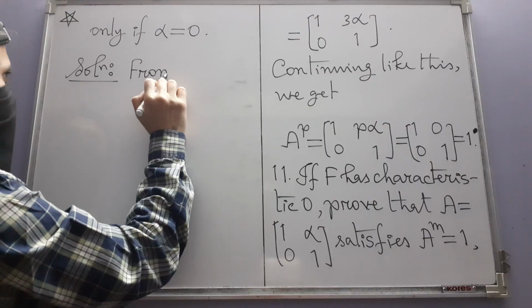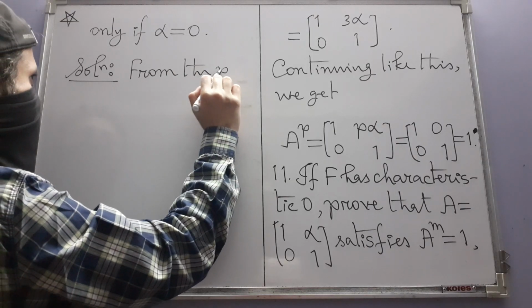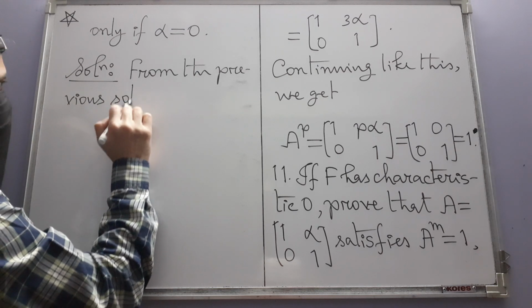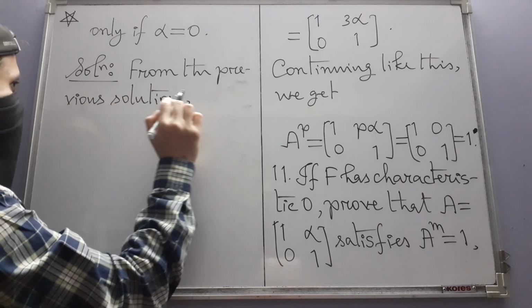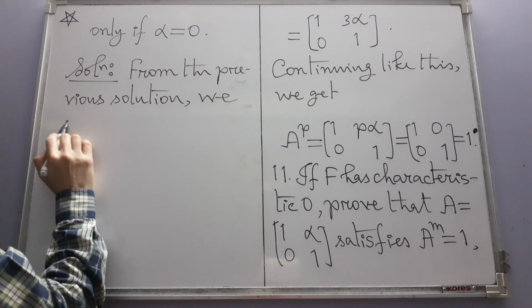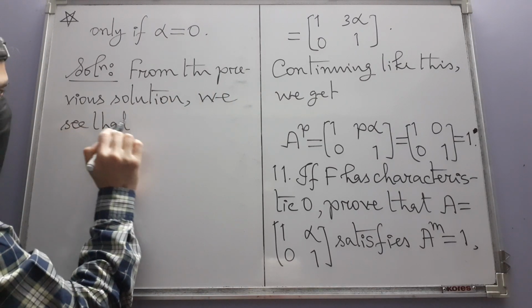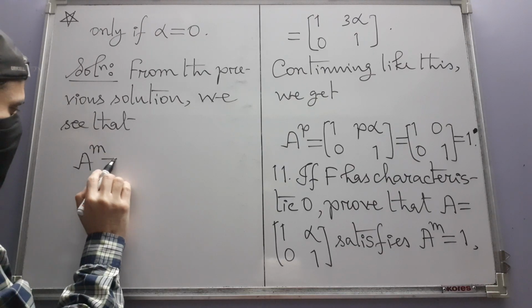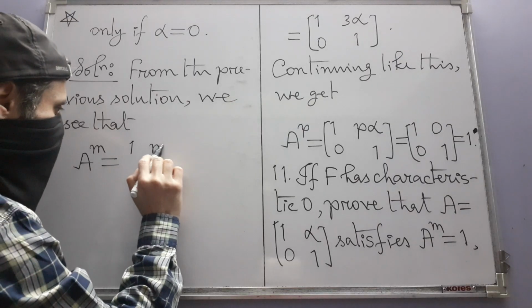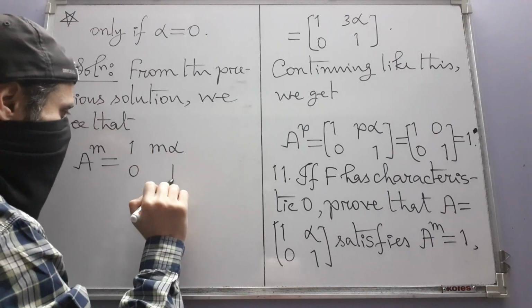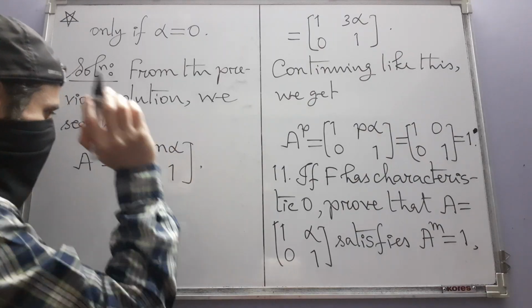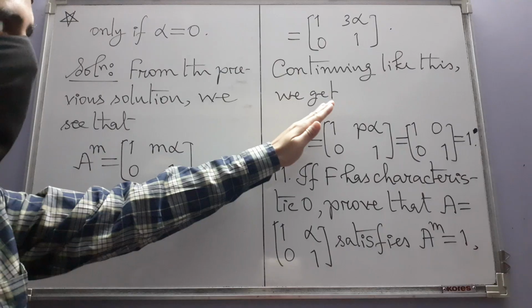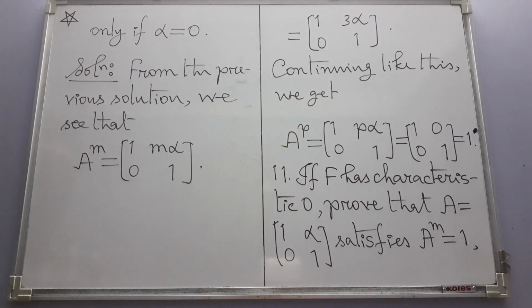From the previous solution, we see that A to the m is 1 m alpha 0 1, in spite of the fact that there the field is of a different nature.